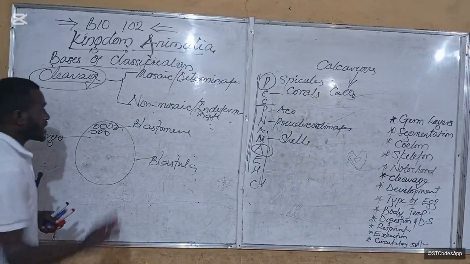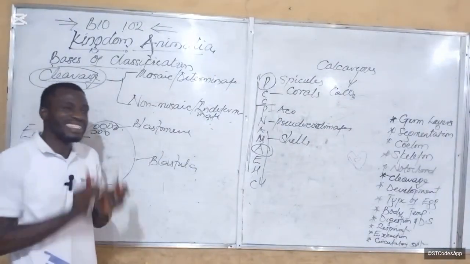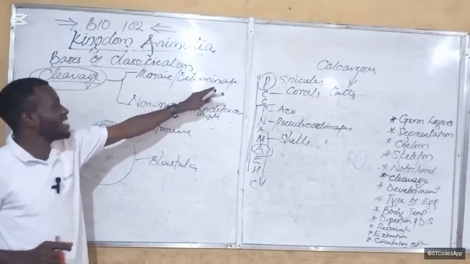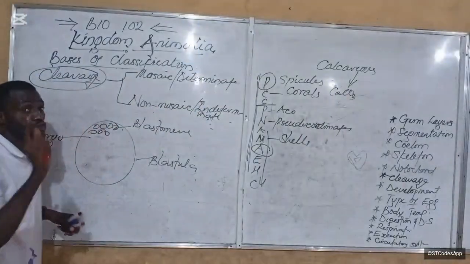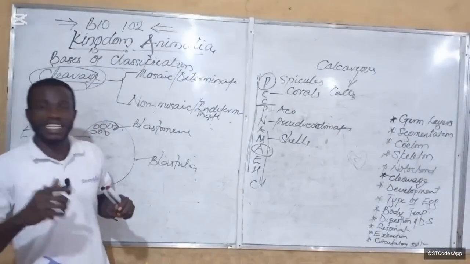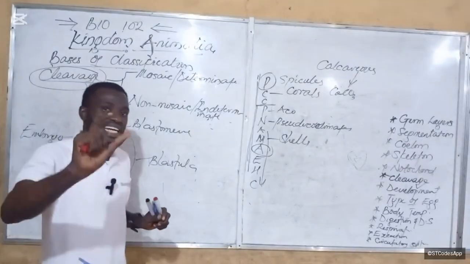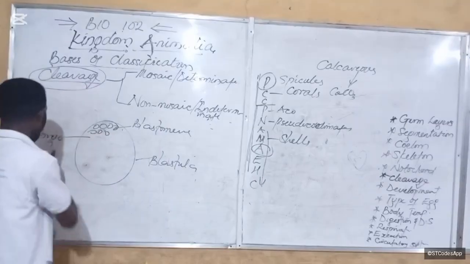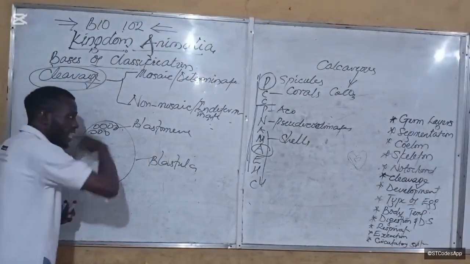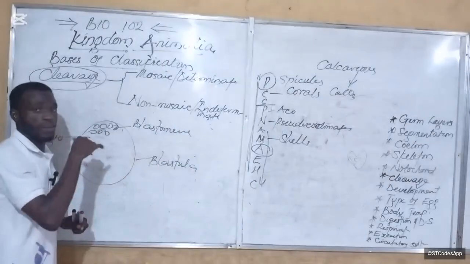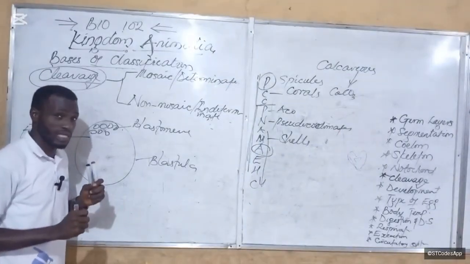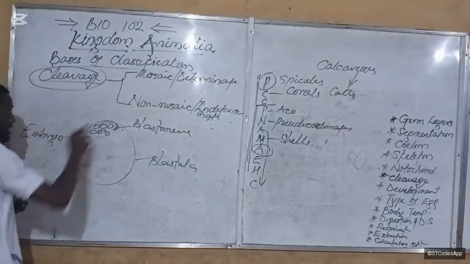Each of these cells has a determined role. That's why it's called determinate. They have a predetermined role. So if they separate, they can no longer play the role that they ought to play once the embryo is formed. So none of the blastomeres, those small cells, get separated. Is that clear?